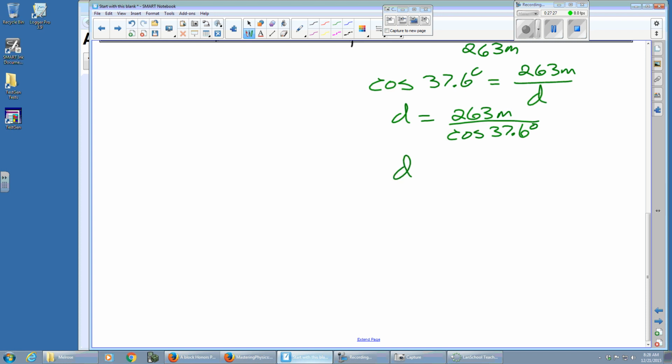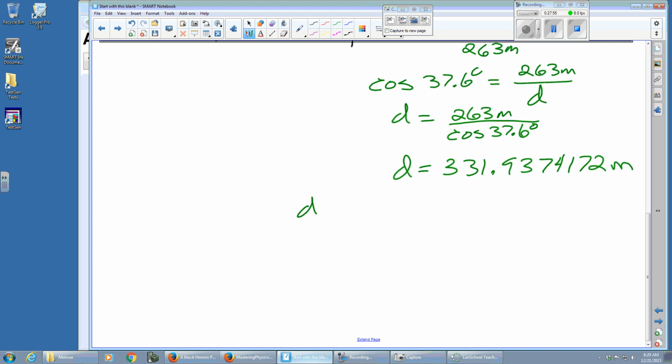Once I find my D, of course, I'm going to avoid rounding, right? So I'm going to use my calculator to my advantage. I get a D of 331.9374172 meters.